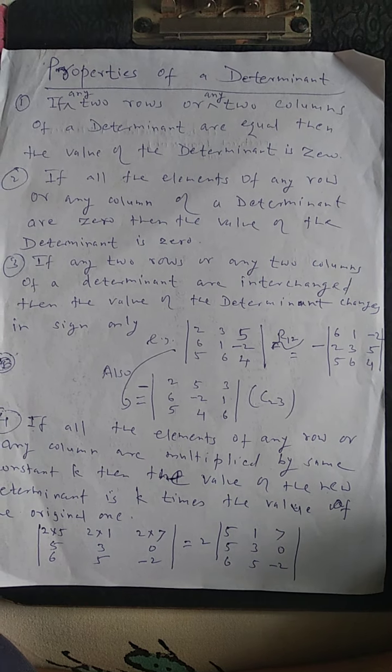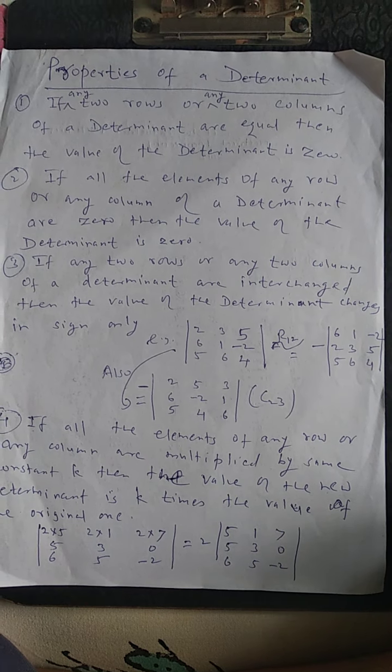Example I have given, third order determinant. Then we interchange the first 2 rows, that is denoted by R12, R suffix 12, which means the first and second rows are interchanged. Then the value of the determinant is minus of 6, 1, minus 2, 2, 3, 5, 5, 6, 4.